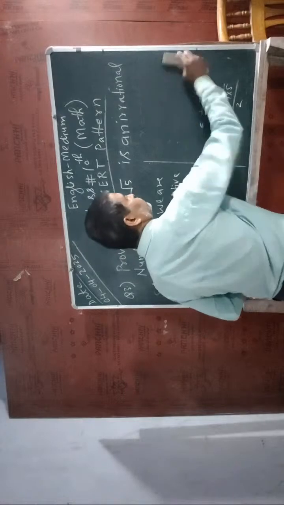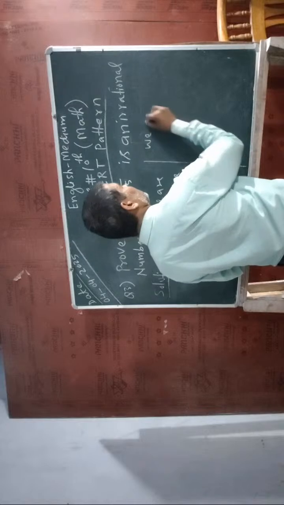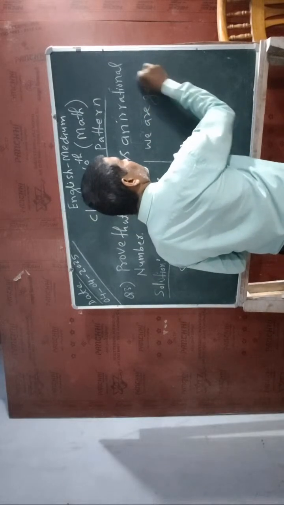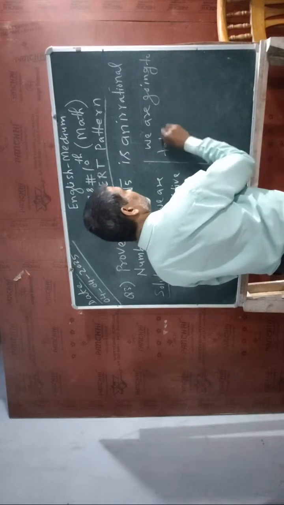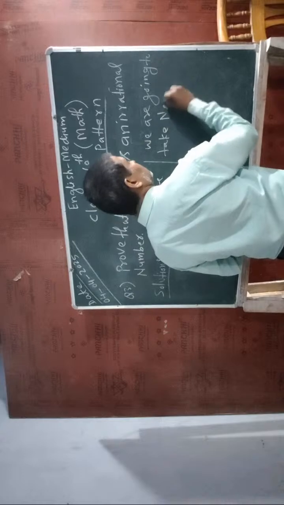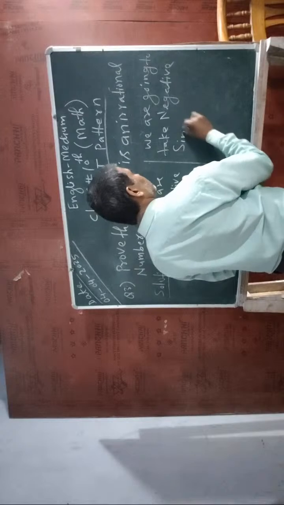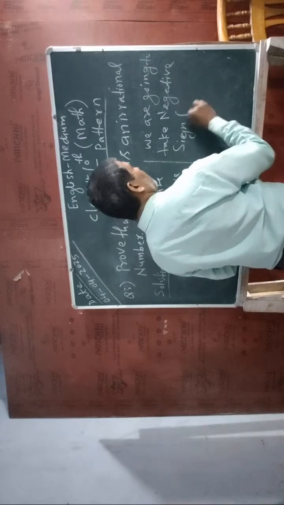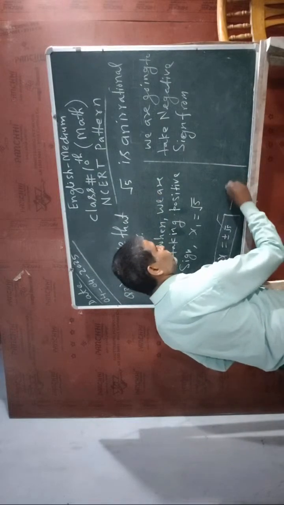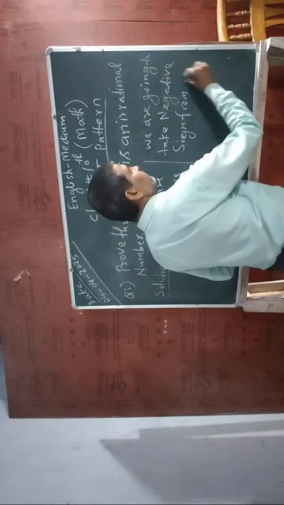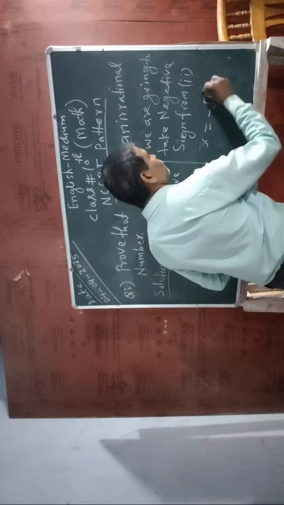And here I am going to erase this one also, and after that I will write we are going to take the negative sign from equation, this is equation number 2. From equation 2 we are going to take the negative sign, it will be minus root 5.